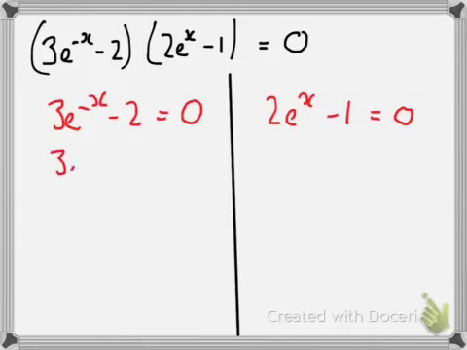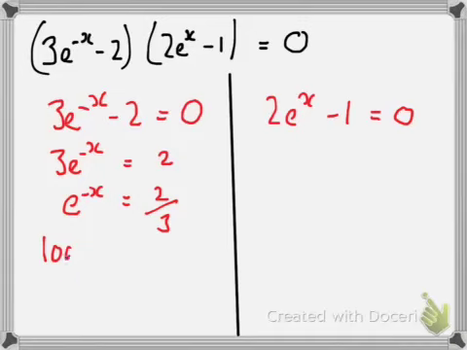So this would be 3e to the power of negative x equals 2, which means that, dividing through by 3, e to the power of negative x equals 2 on 3. Now remember what I said, if your unknown is in the index, convert it to log form.